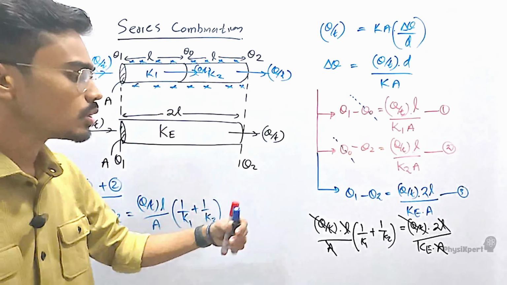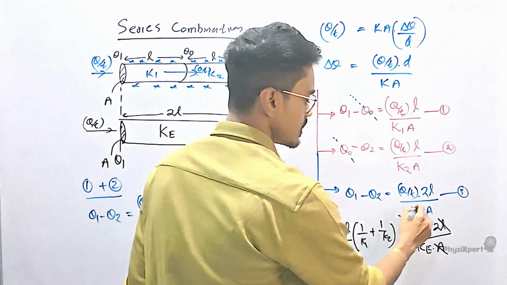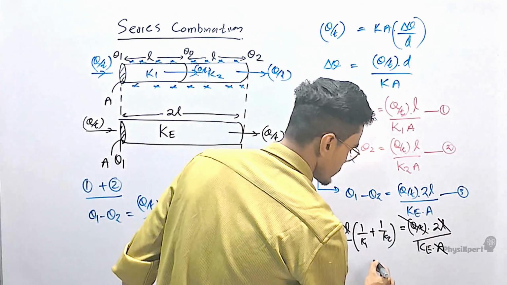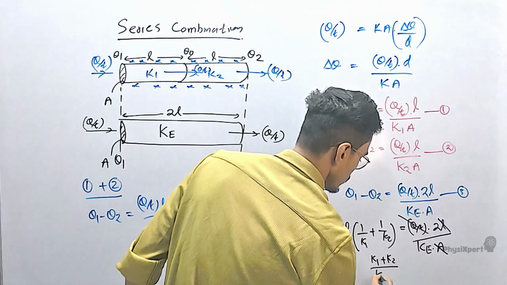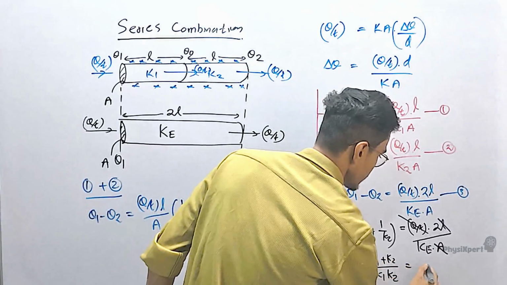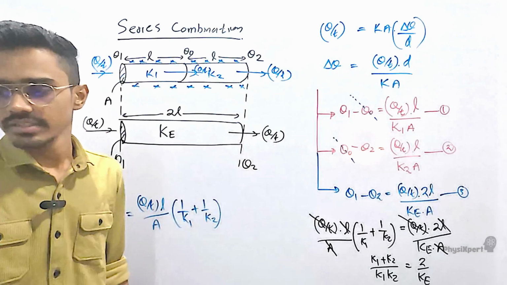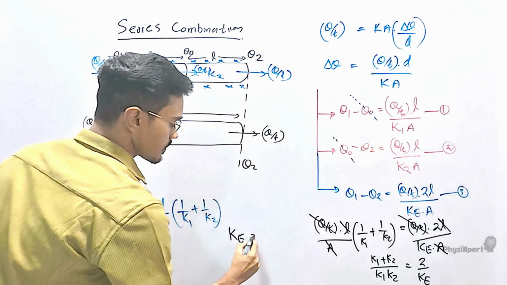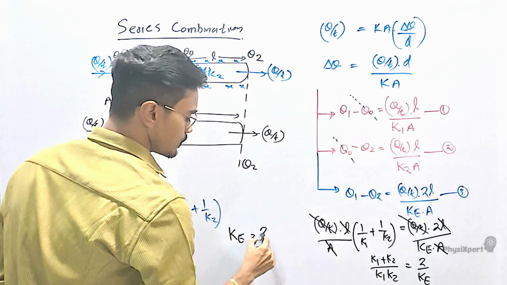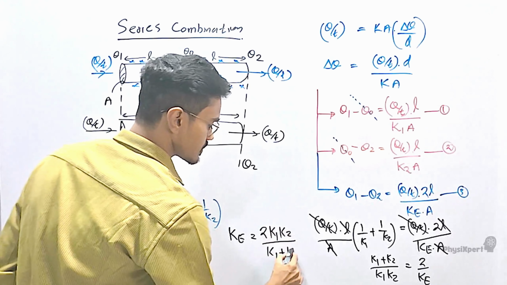Now, subject Ke from this. To do so, apply a common denominator. This gives K1 plus K2 over K1 K2 equals 2 over Ke. So Ke equals 2 K1 K2 over K1 plus K2.